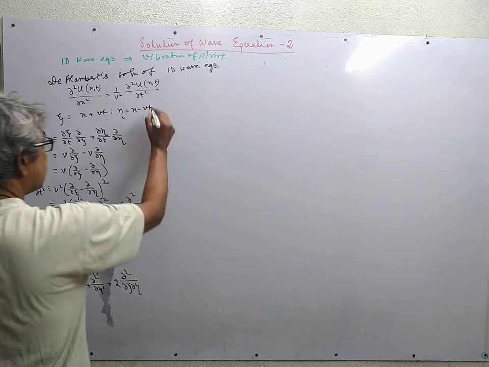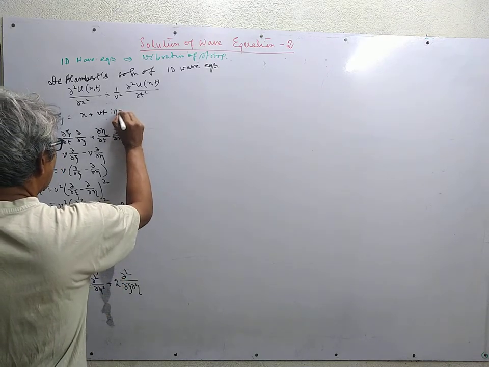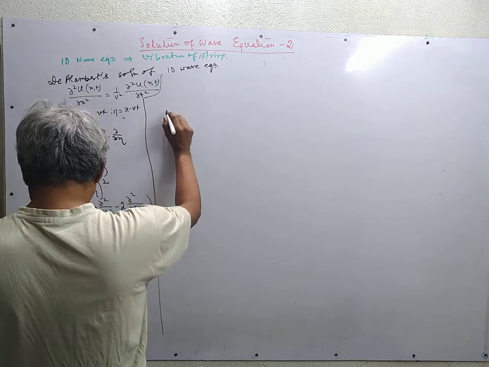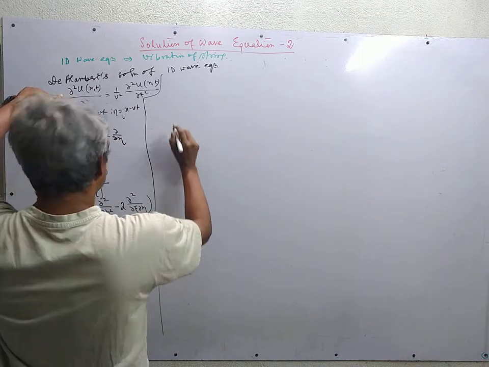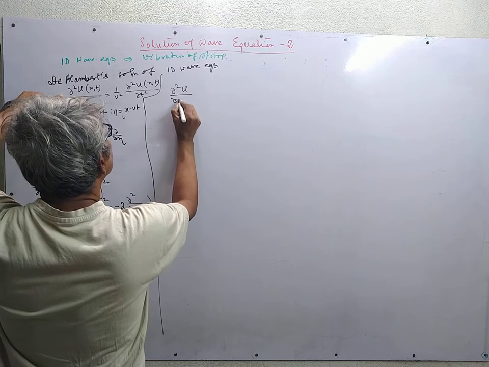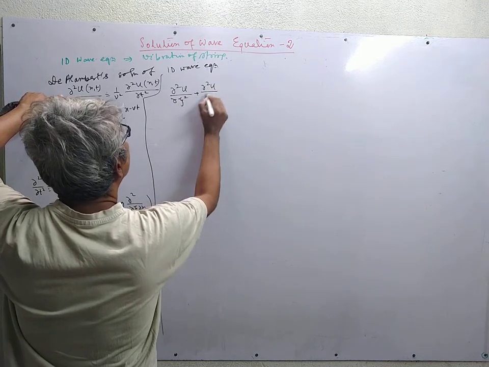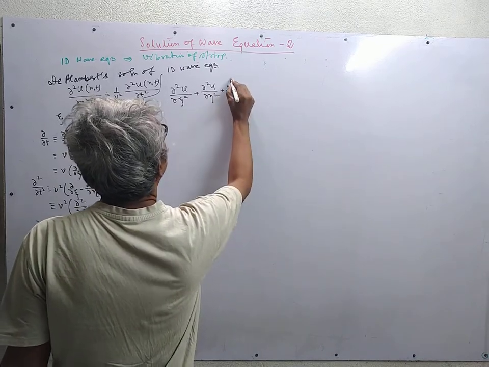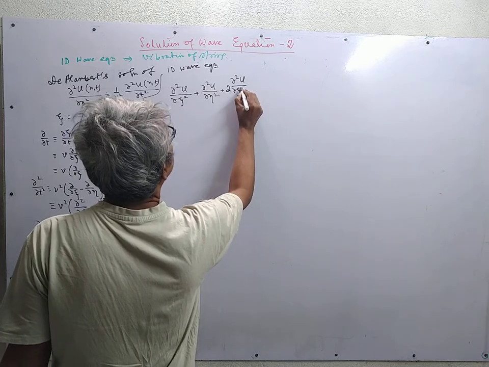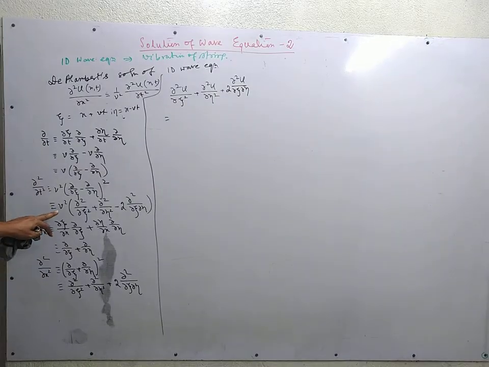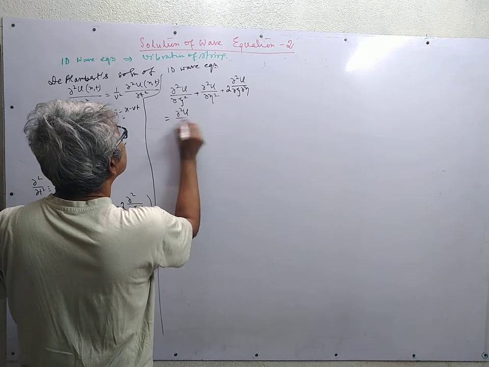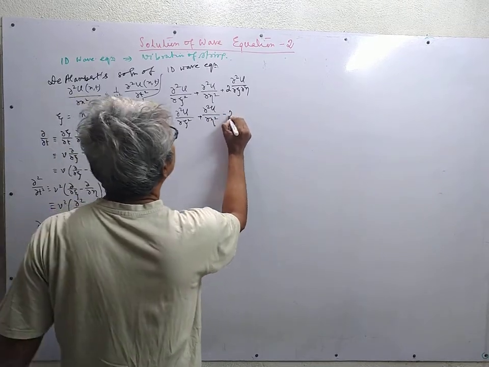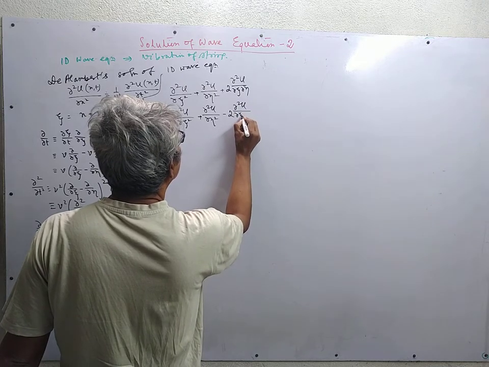Now if we substitute this in the differential equation, so if we substitute for this del x part, we get del 2u del xi 2 plus del 2u del eta 2 plus twice del 2u del xi del eta is equal to, this term has to be multiplied by 1 by v squared, so del 2u del xi 2 plus del 2u del eta 2 minus twice del 2u del xi del eta.